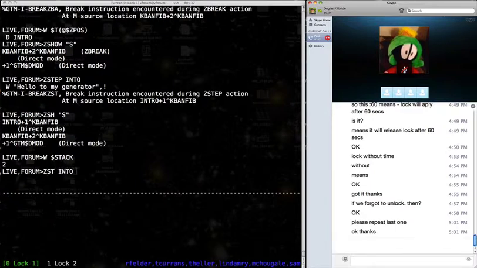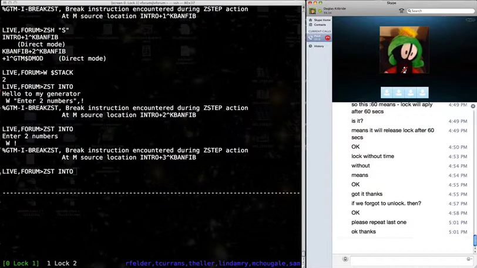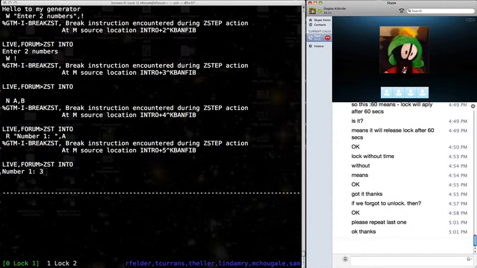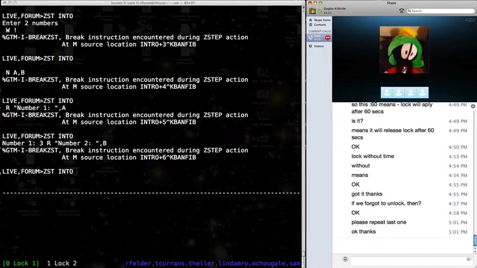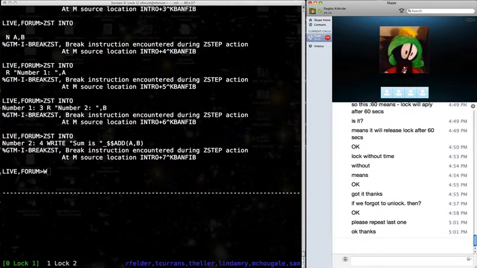So Z step into. Here you go. Enter 2 numbers. I'm going to put 3. I'm going to put 4. So the sum should be 7.